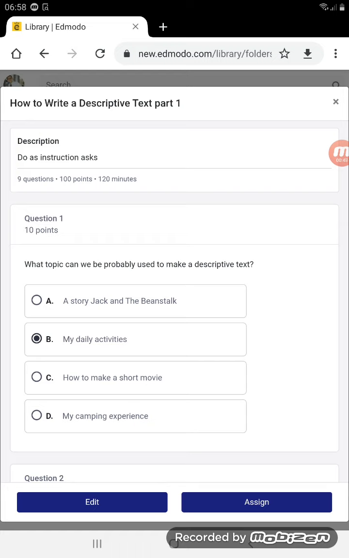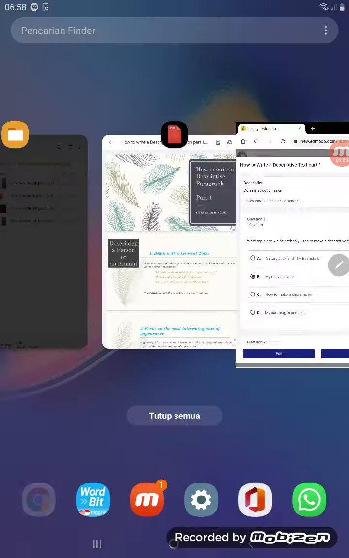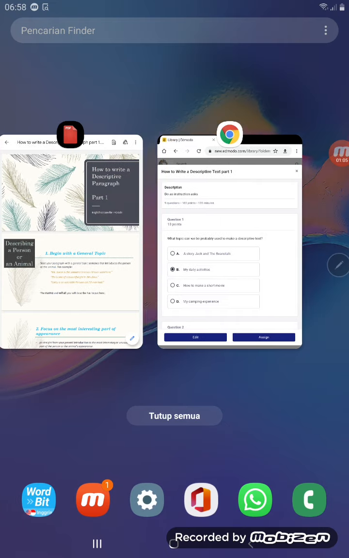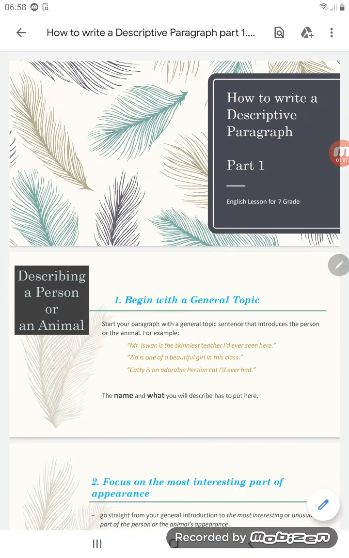Before you answer the questions in quiz part 1, you must learn more about the slide which I have given to you. I mean this slide. Part 1, how to write a descriptive paragraph.